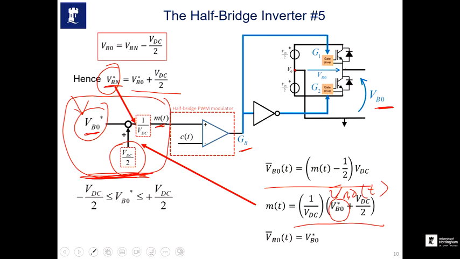If you look at the MT equation, which I derived in here, to calculate the MT, if you multiply 1 over VDC with VDC by 2, this term will become just half, which is 0.5, and VBO star divided by VDC.